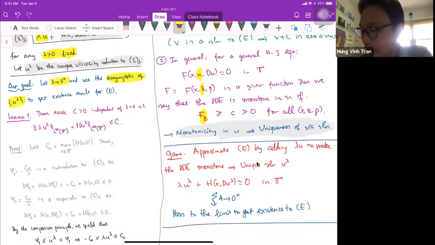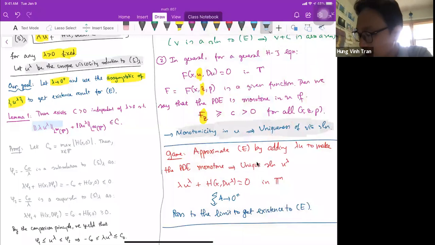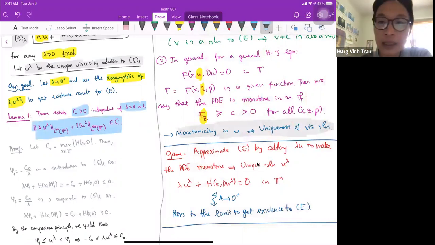Okay, so the theorem says exactly that: there is a constant c independent of lambda, such that you can bound lambda u lambda and du lambda.